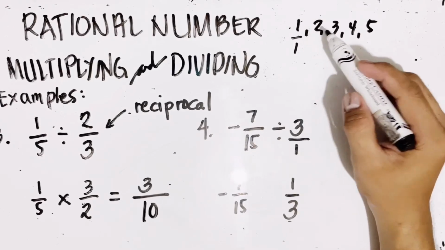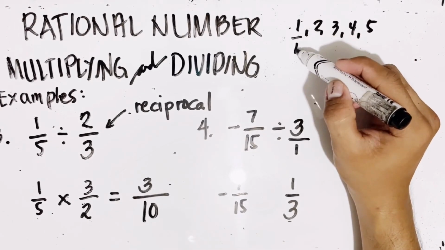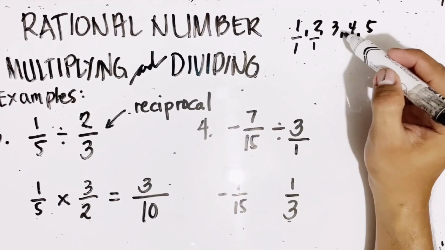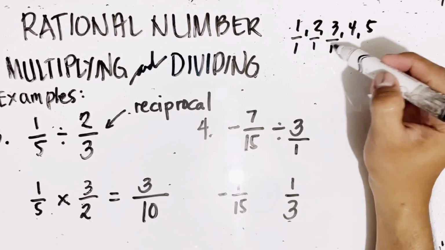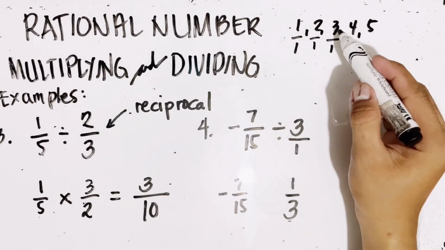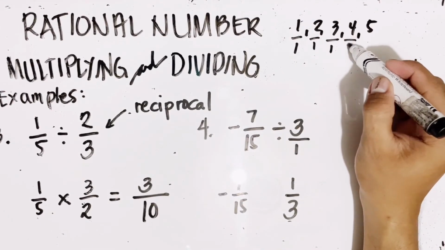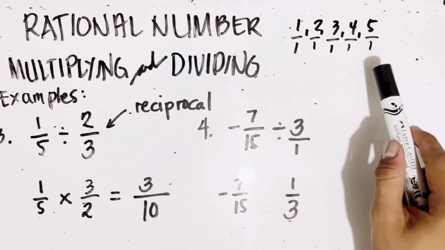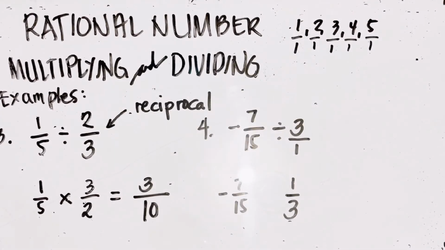So 1 divided by 1, while 2 divided by 1 is 2, while 3 divided by 1 is still equal to 3, 4 over 1, 5 over 1. So, even though we divided them by 1, they will not be changed.